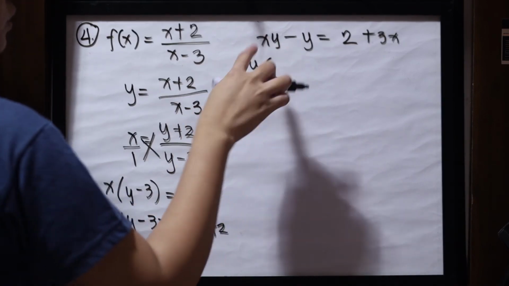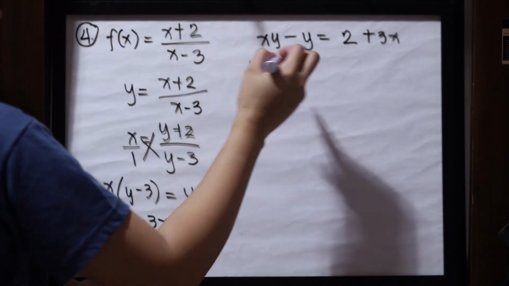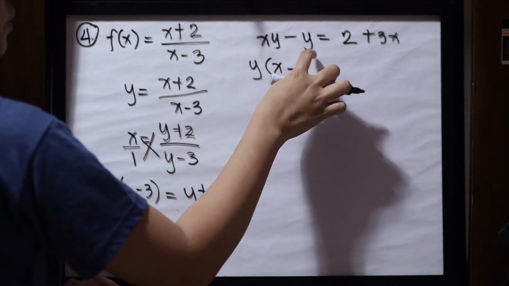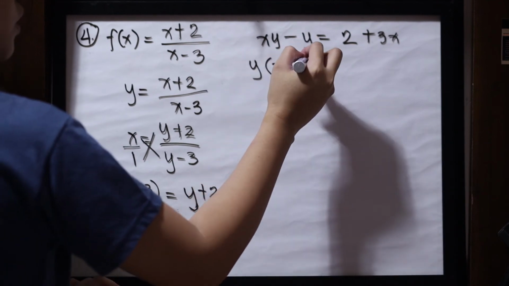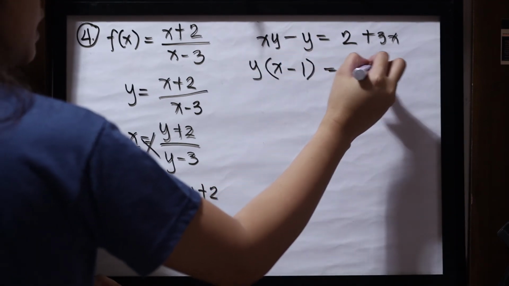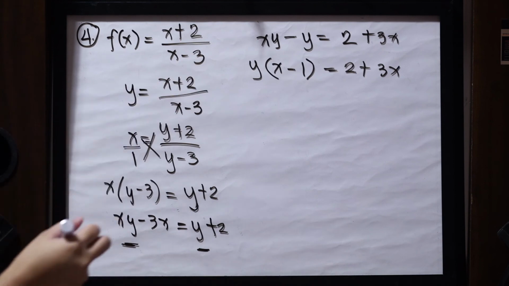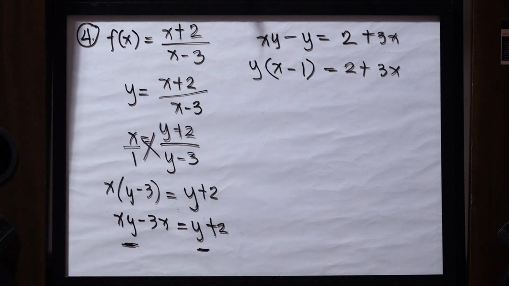Then, factoring out y will have xy divided by y, edi x. Minus y divided by y is 1 is equal to 2 plus 3x. O, edi ayan, nagkaroon na tayo ng isang y lang.